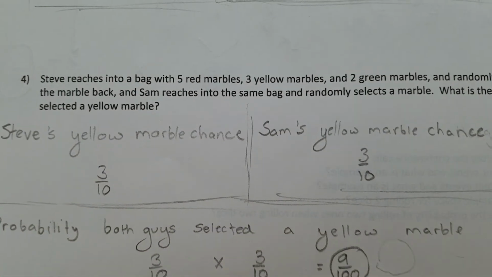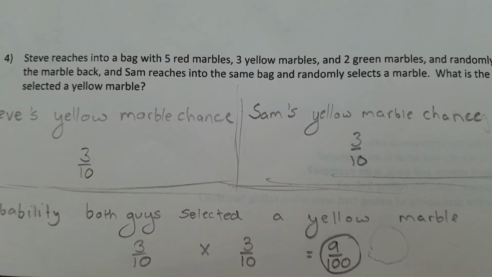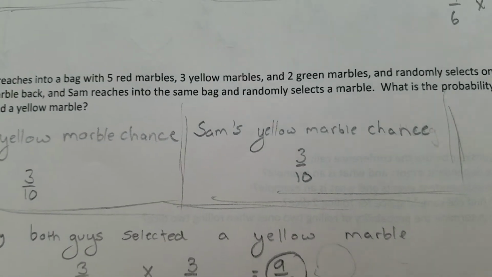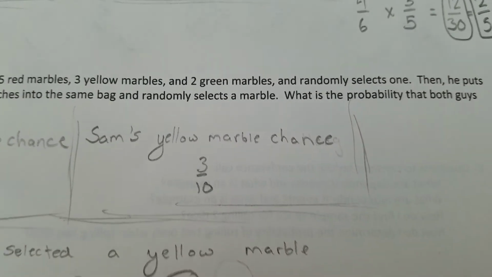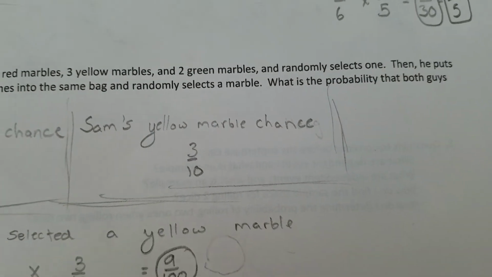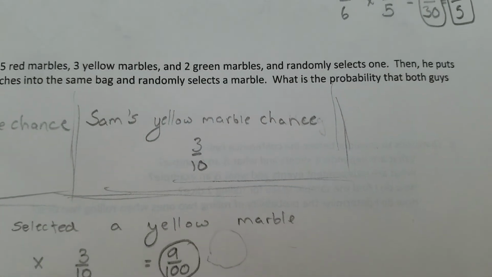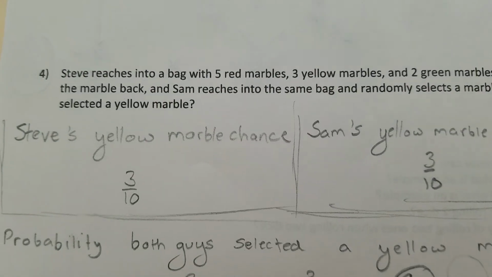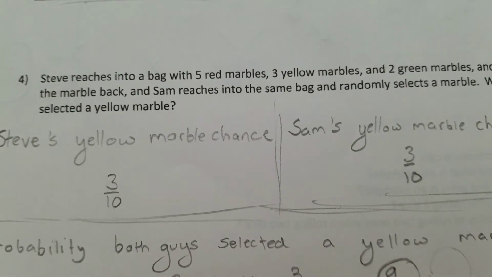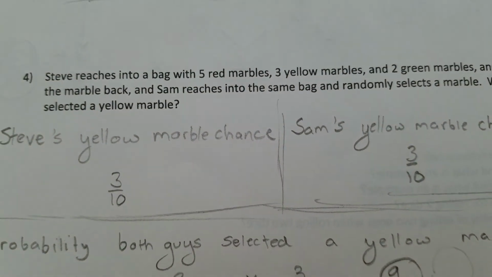This one is Steve reaches into a bag of 5 red marbles, 3 yellow marbles, and 2 green marbles. Just because there are 3 different colors, that doesn't make any difference when you do a compound probability. In this case, we're looking at selecting a yellow marble, of which there are 3.